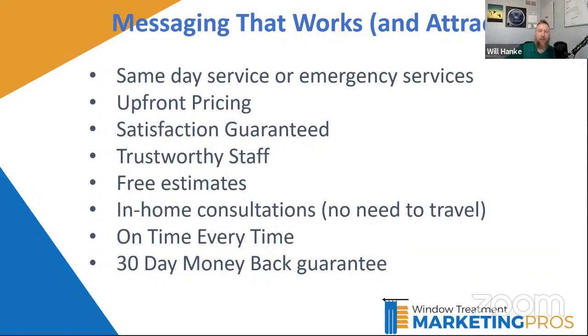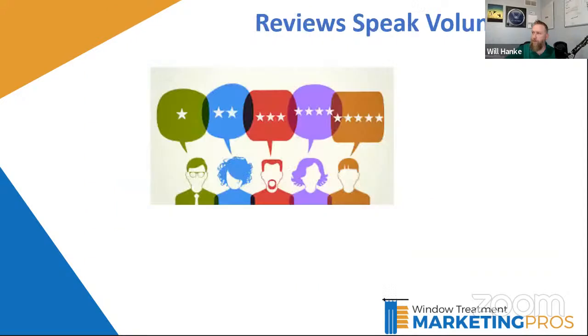And nowadays, we wash our hands, we have all of these protocols in place. We take our shoes off, or we wear booties on our shoes, things like that. Always on time, money back guarantee, a lot of different ways that you can use messaging to attract people and to kind of stand out from your competitors.